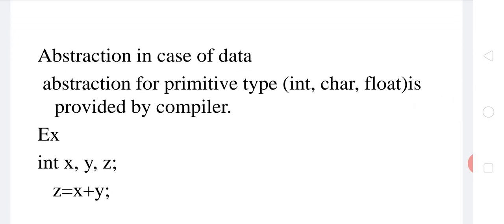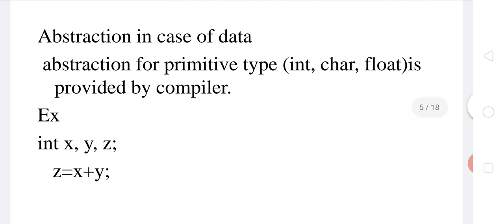Abstraction in case of data. Abstraction for primitive types, which are integer, character, float, is provided by the compiler. As you know, all these data types are already present in the C library, and these primitive data types are provided by a compiler. For example, we use the integer data type and perform various operations on them without knowing the details.